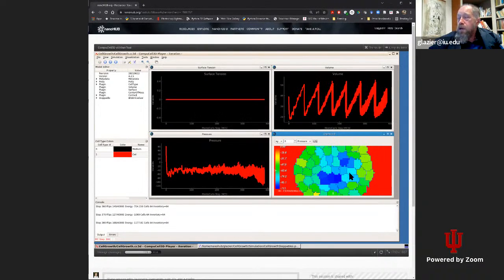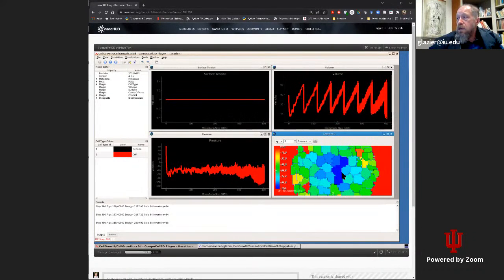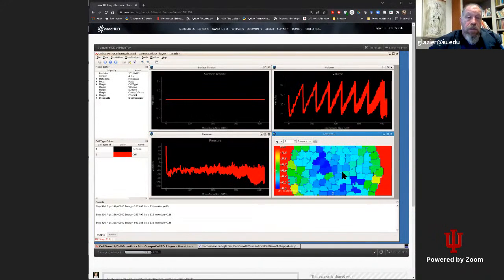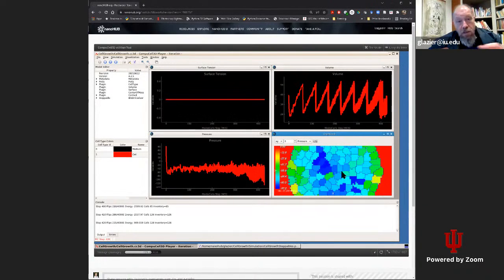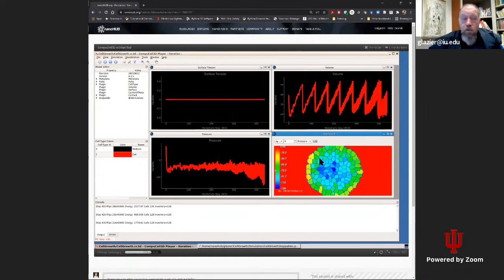I notice that the pressure is larger in magnitude in the middle than the surface. You could think of this, for example, if you're making meringue, or you have honey, something that's viscous, and you pour material into the center, it piles up. If you wait, it'll spread out. And so if I had the cells growing more slowly, I would see that the pressure would be more uniform in this tissue.